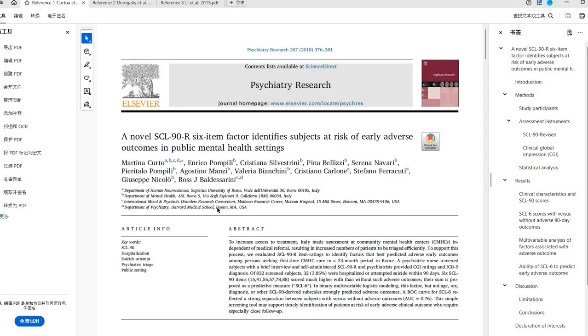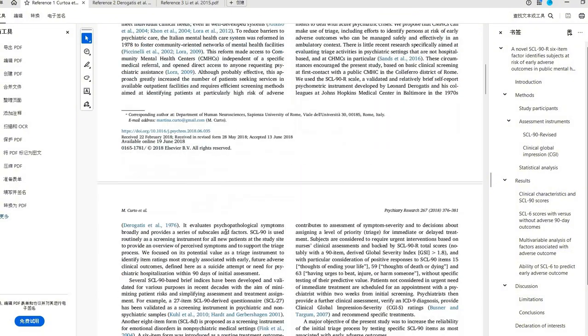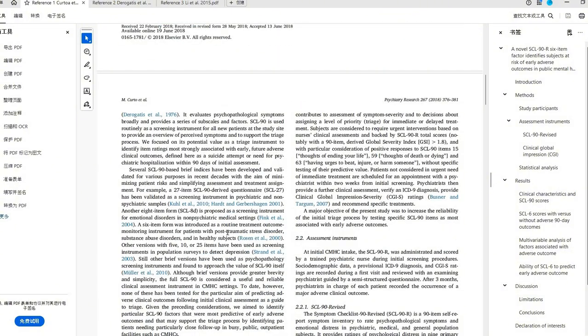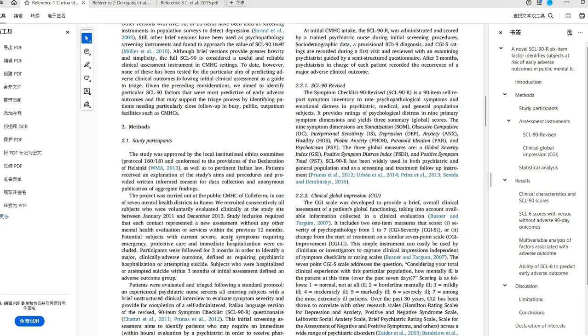Here the full paper. You need to read and understand the full paper and summarize it and explain why it is relevant to this research.